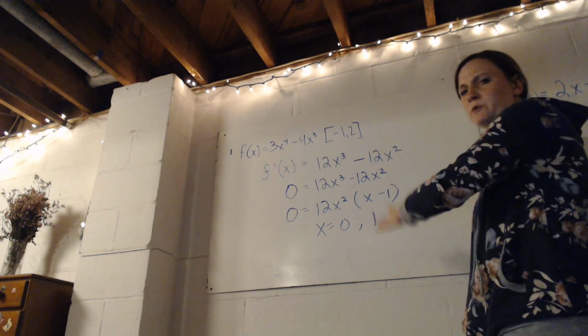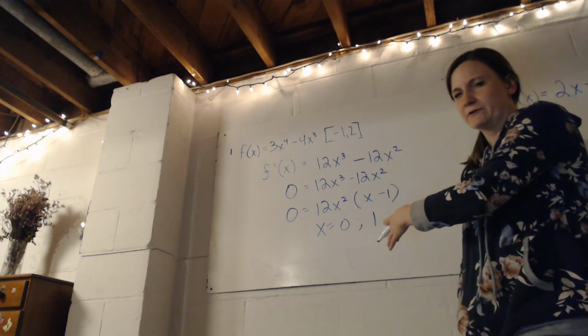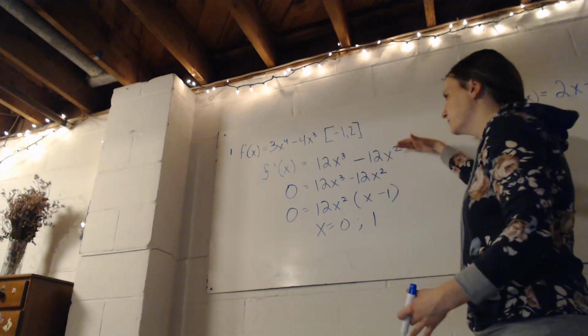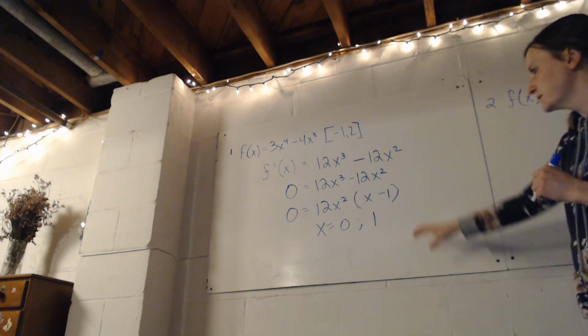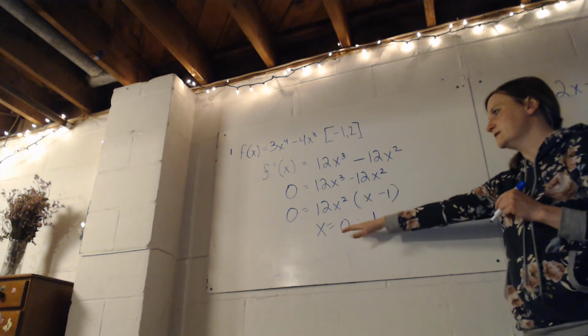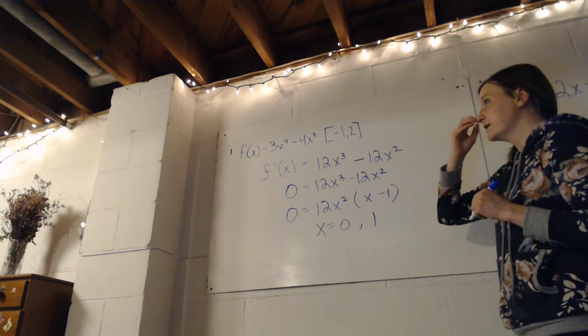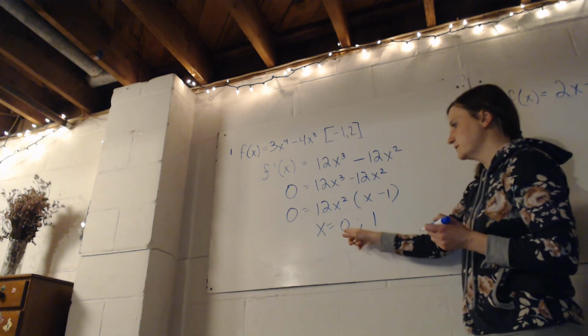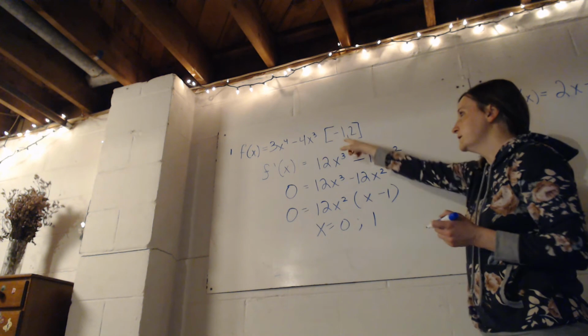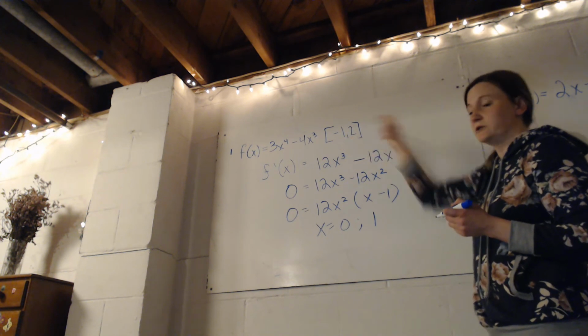So at this point, once you've gotten through this, we've really done the calculus. That's all there is to do it. I wouldn't say there's any new calculus here. And then what we're going to do is evaluate this function at these points. But we're also going to evaluate it at the endpoints. So essentially, we want to evaluate the function at the points 0, 1, but also -1 and 2.